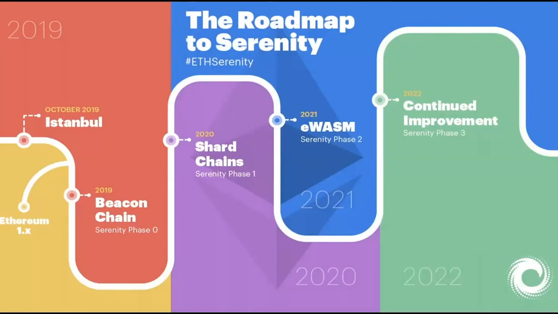And on top of those systems, you can emulate things like a scalable version of the existing Ethereum system, among other things. So at phase 2, you will be able to do scalably what you're able to do with Ethereum now. And then phase 3 is any improvements that we want to do after phase 2.